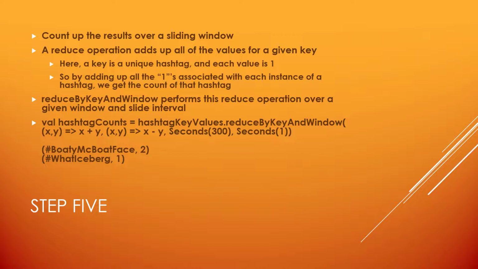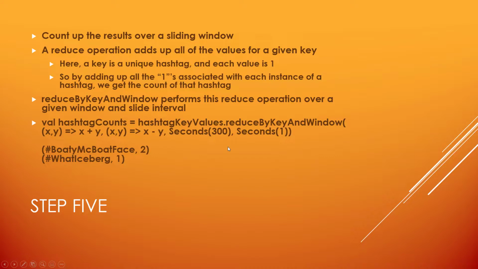But we're using a stream here, so we're not going to say reduceByKey. We have to say over what period of time. To do that, we'll say reduceByKeyAndWindow to perform that reduce operation over a given window and slide interval, basically adding everything up. When you pass this in, you need to explicitly give it a function for adding and removing elements as it goes. That's what's going on here in this syntax.